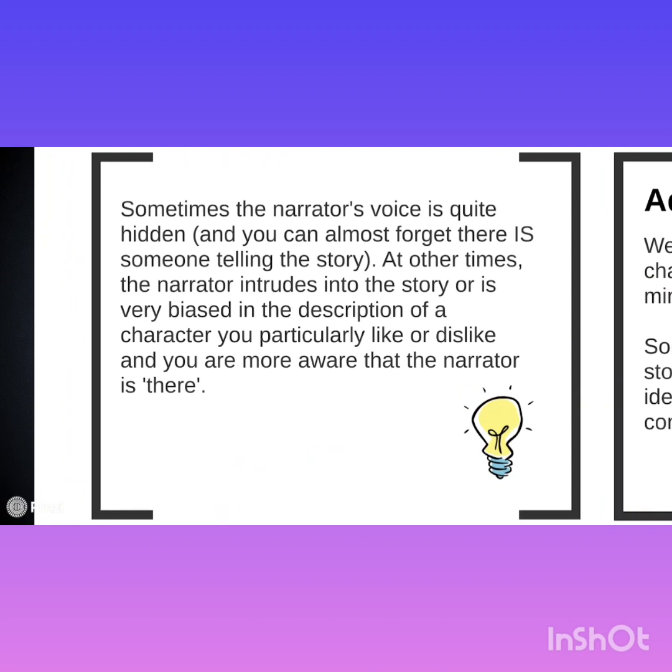Sometimes the narrator's voice is quite hidden, and you can almost forget there is someone telling the story. At other times, the narrator intrudes into the story or is very biased in the description of a character you may particularly dislike or like yourself, and you're more aware that the narrator is there.